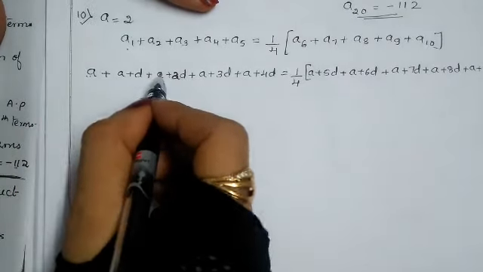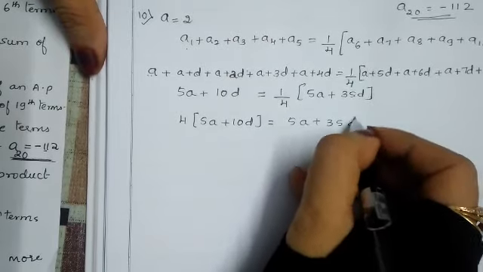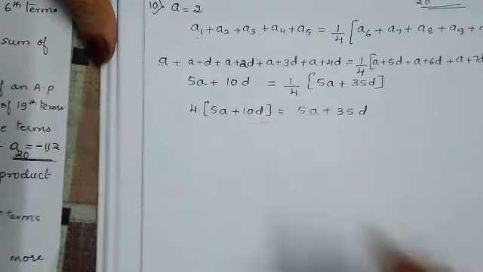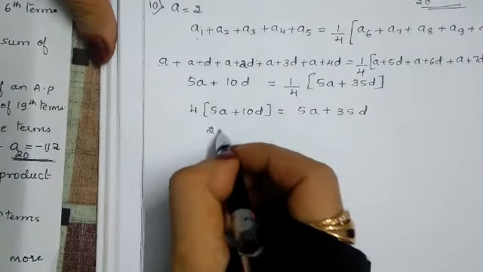Now let us multiply this 4 to this side. The 4 is in divide position, so when it comes to this side it gets multiplied. 4 into 5A plus 10D is equal to 5A plus 35D. 4 fives are 20A plus 4 tens are 40D is equal to 5A plus 35D.